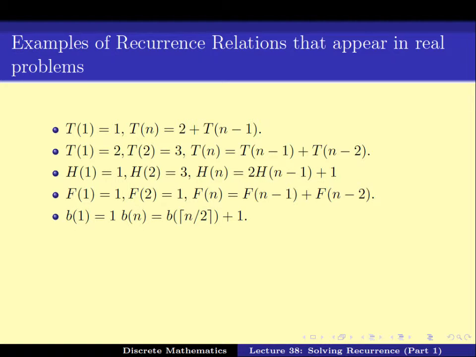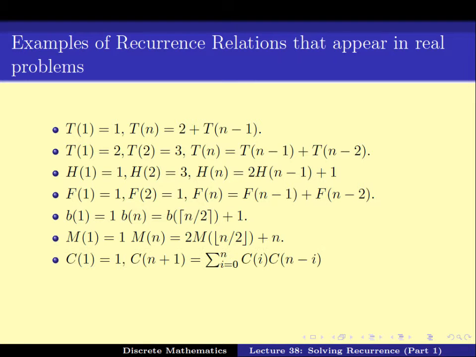Then we have b1 equals 1 and bn equals b of n over 2 plus 1. Then we have m1 equals 1 and mn equals 2 times m of n over 2 plus n. These two appear in various algorithms, particularly the binary search algorithm and the merge sort algorithm, which are very popular in the algorithms literature.